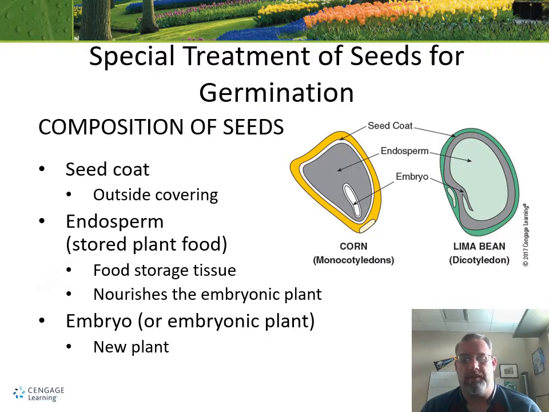So basically, as a new plant grows, it's going to live off this, usually a starch, a long sugar chain starch that will sustain the plant while it is maturing. And then the embryo is the actual plant. Sometimes this can be called the germ of a plant, and this is what actually is the living piece, the growing piece of this plant.